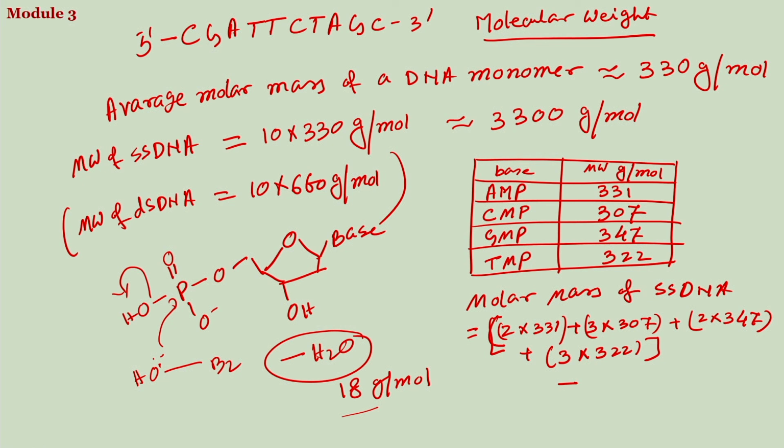Total number of bases minus 1. 1, 2, 3, 4, 5, 6, 7, 8, 9, 10. So, the general formula is n minus 1 into 18, number of bases minus 1.